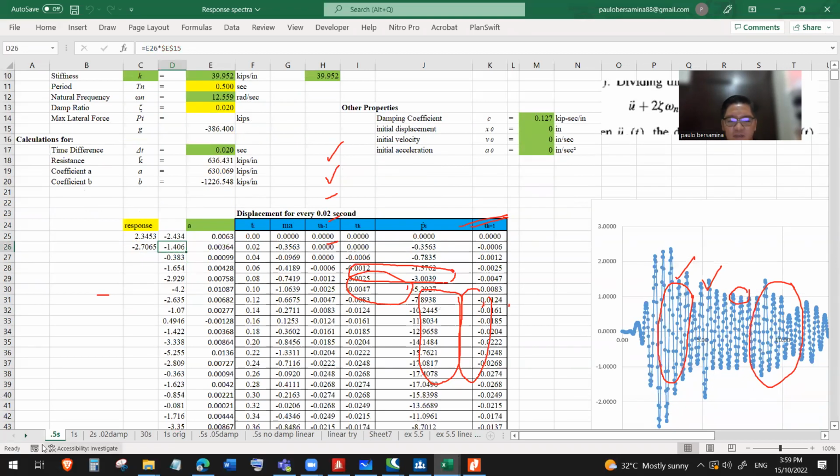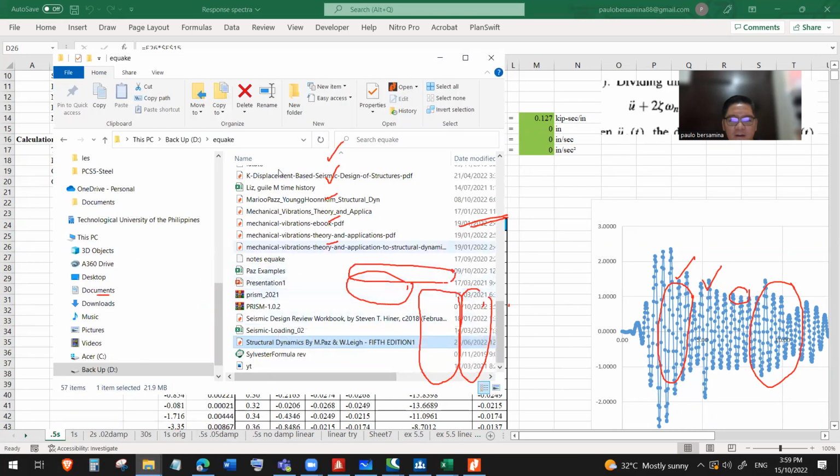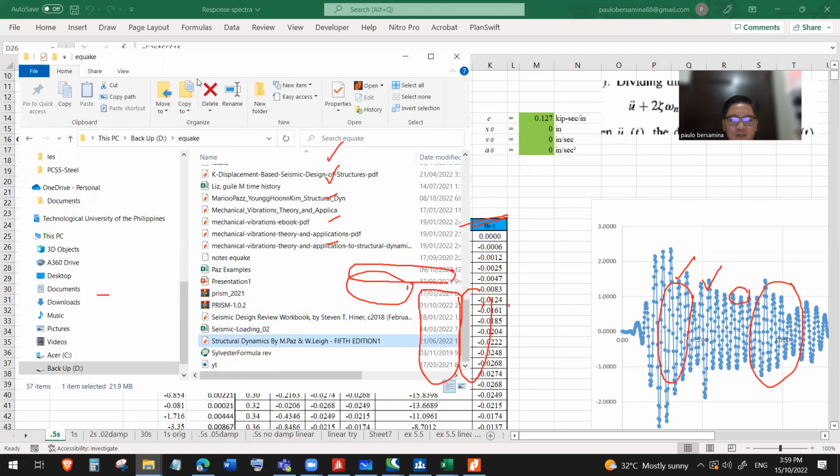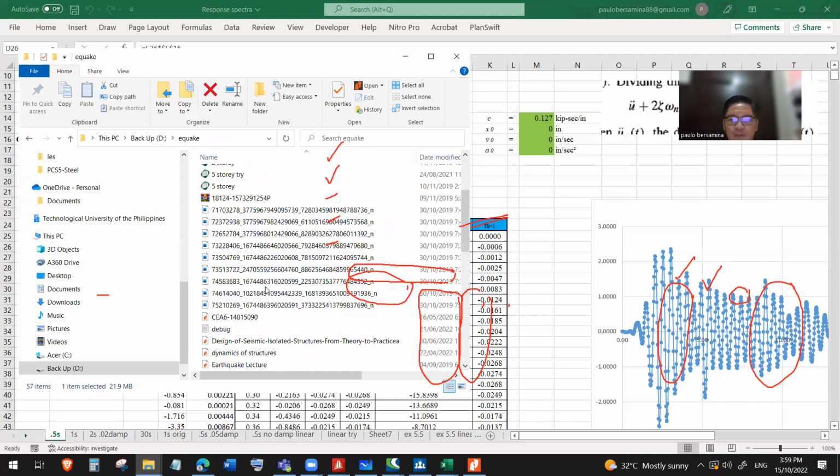Okay, sige. So i-send ko muna sa inyo. I'll give you time to open this para makalikot nyo, makarelate kayo doon sa mga tinuturo ko.